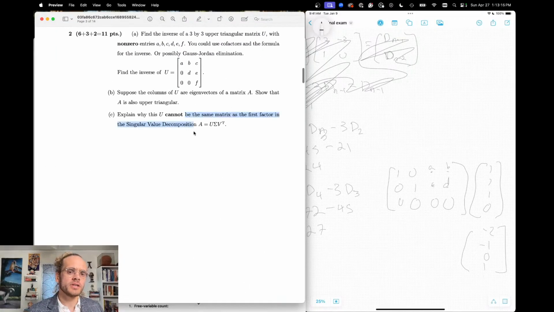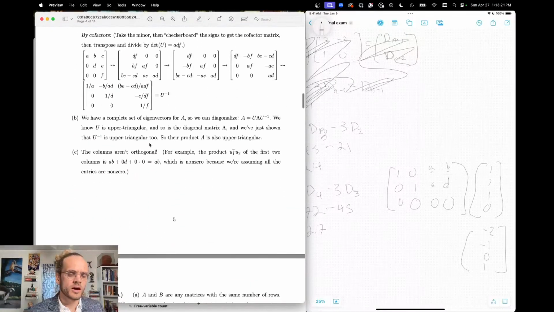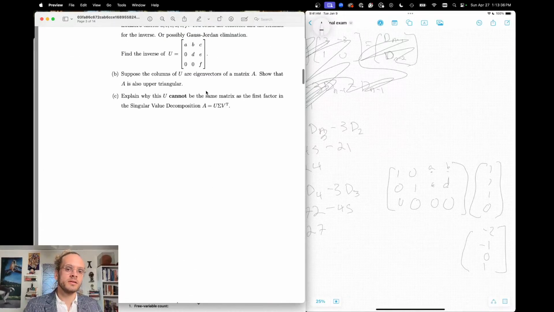Explain why this U cannot be the same matrix as the first factor in the singular value decomposition. The columns aren't orthogonal. For example, the dot product is AB, which is non-zero because we're assuming all entries are non-zero. Okay, cool. So that's why it can't be this.